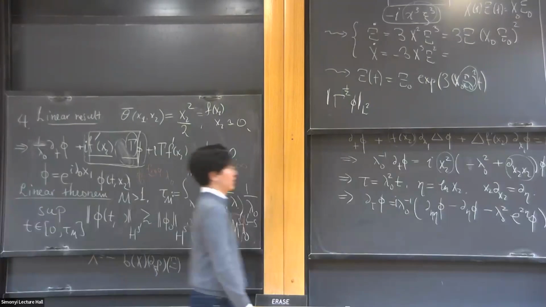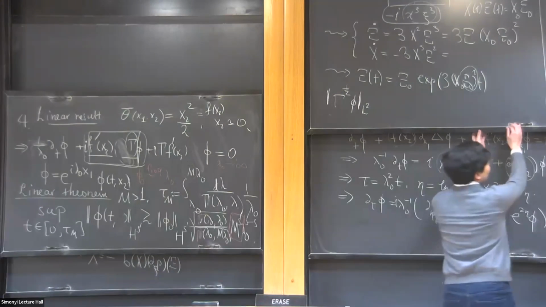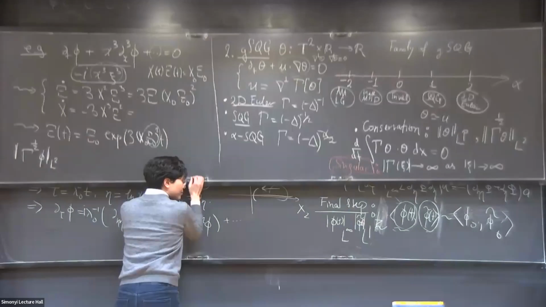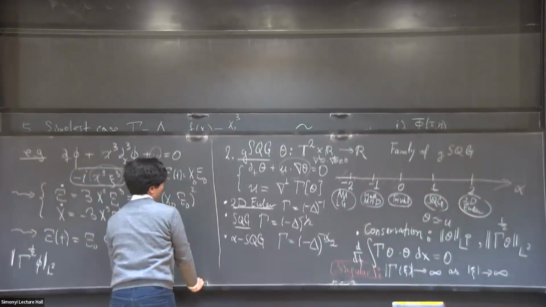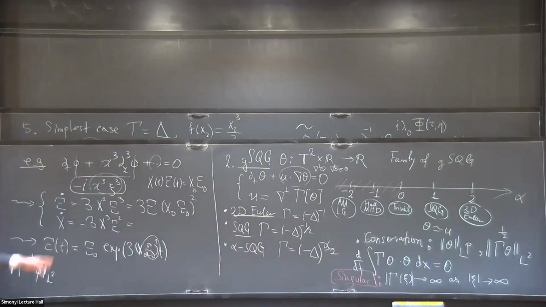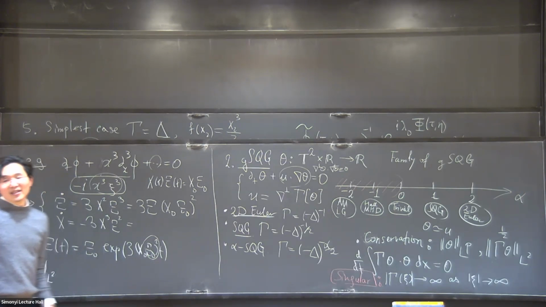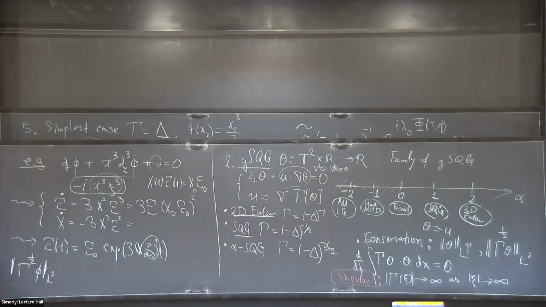Right, that's a good question. So they are actually not able to handle this so-called critical case. They call this a critical case because the frequency is growing exponentially. This is not covered by their well-posedness.